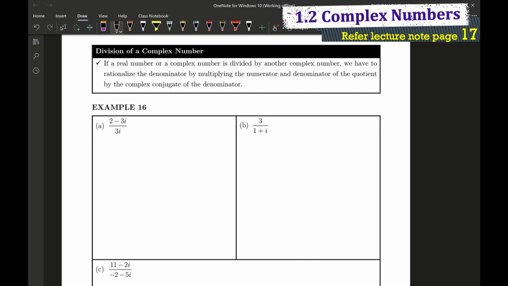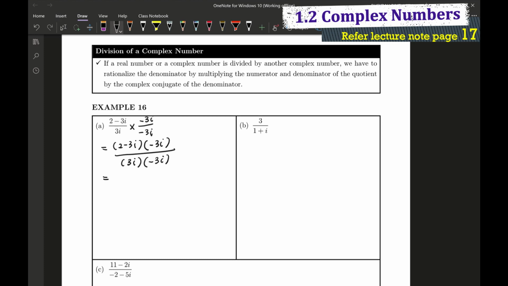So we multiply the numerator and the denominator by its complex conjugate, which is negative 3i. Now our fraction will become 2 minus 3i multiplied by negative 3i over 3i multiplied by negative 3i.